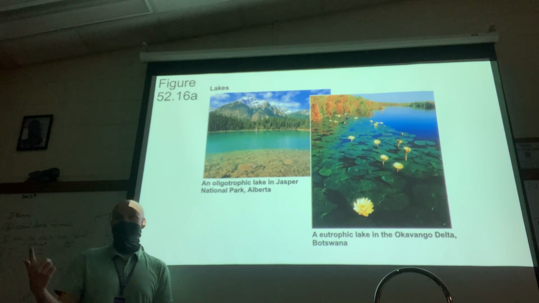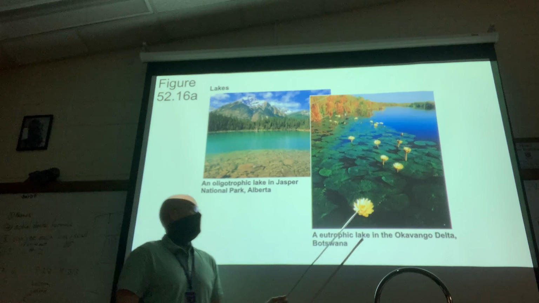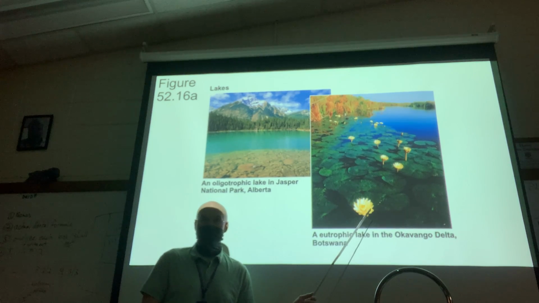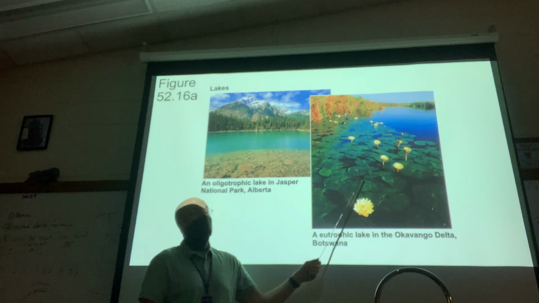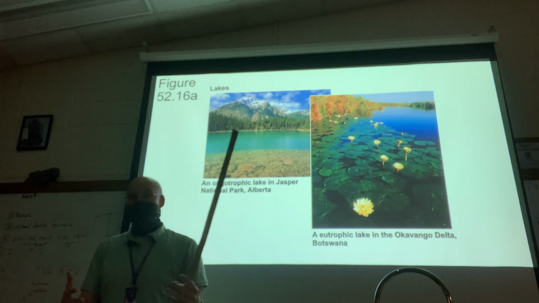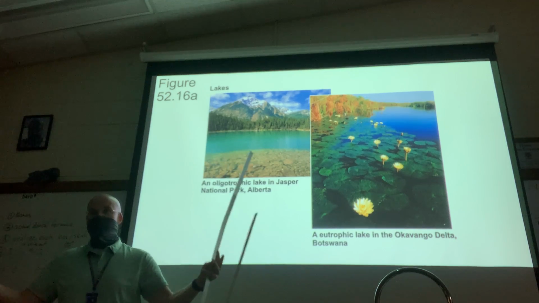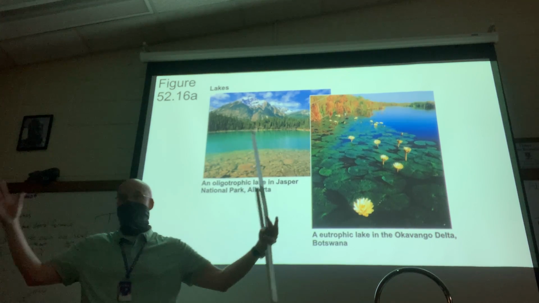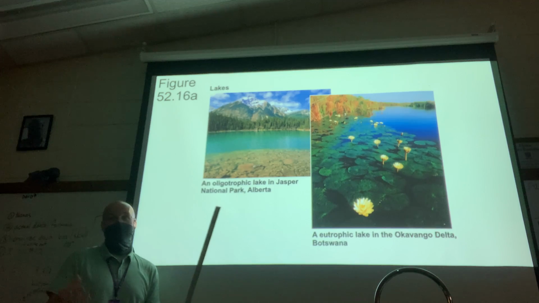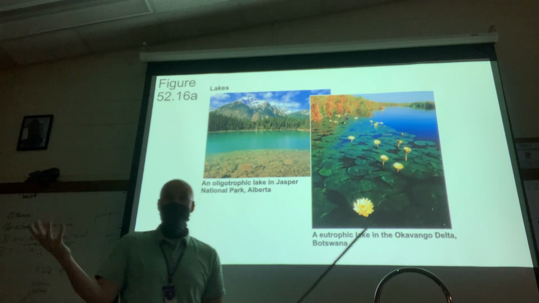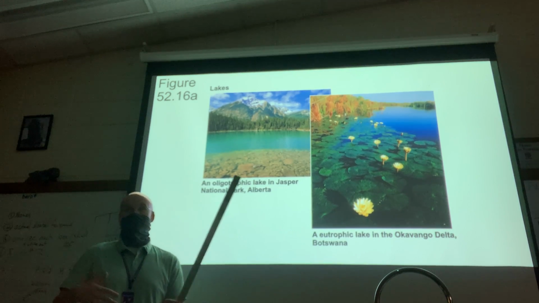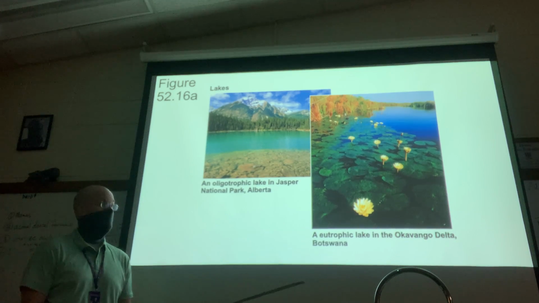Now, if you go to Lake Lanier or any other eutrophic lake, these lakes have a lot of input of nitrogen and phosphorus from rotting leaf material, soil runoff, and a lot of times when people live around these lakes, it's like sewage input.